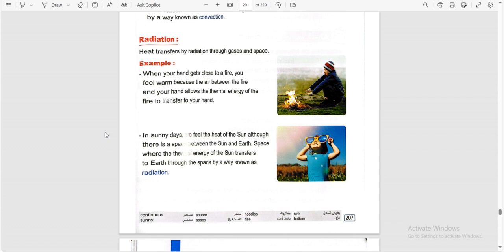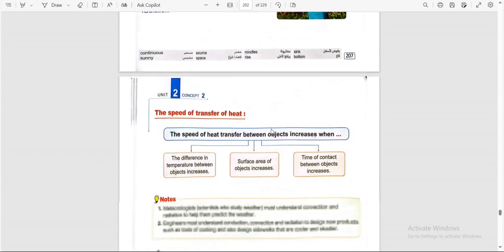Also, we experience this every day when we feel the hot sun, and this heat transferred from space to our planet, to Earth. So, heat transfer by radiation can go through gases, such as here, and in space, such as the heat transfer of the sun, the thermal energy of the sun.